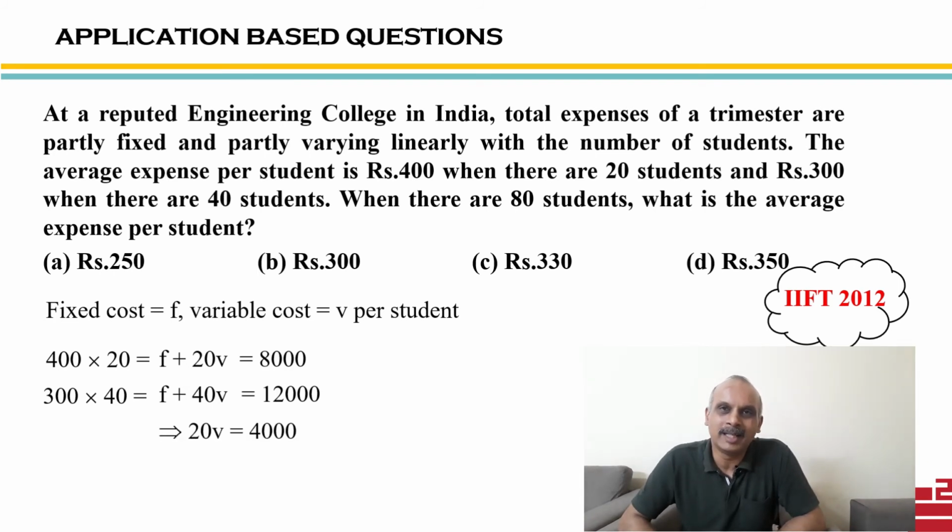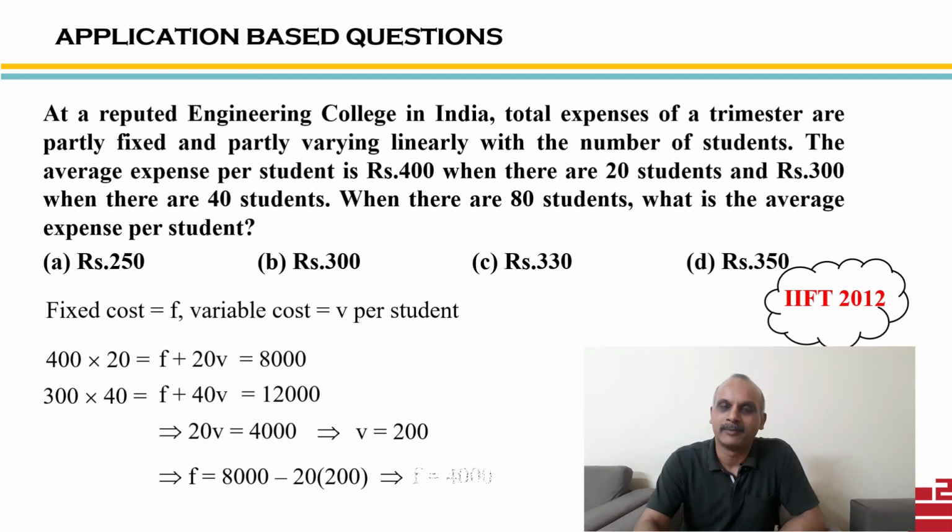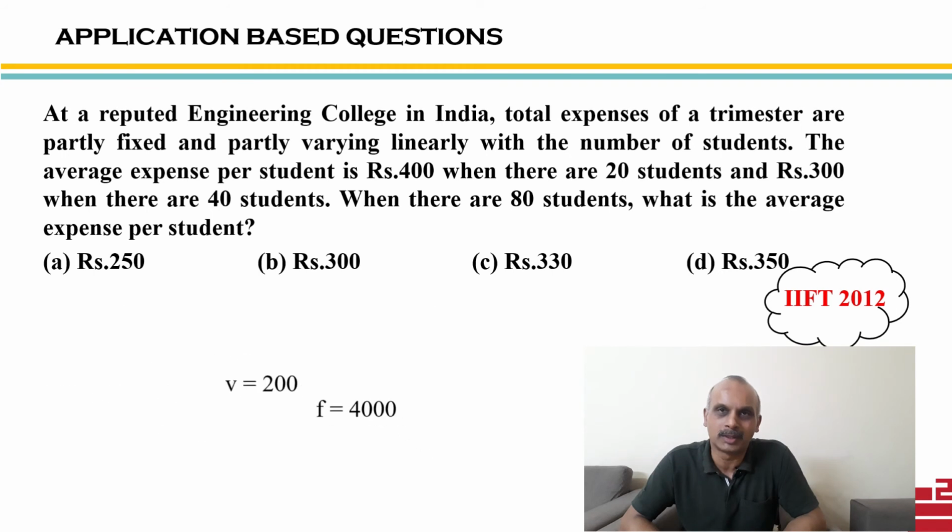Subtracting them eliminates f and we get the value of V as 200. The variable cost is 200 rupees per person. And from this I can get the value of the fixed cost as 4,000. Now once we have the fixed cost and variable cost values, we can find the per head cost in the case of 80 students, as asked in the question.